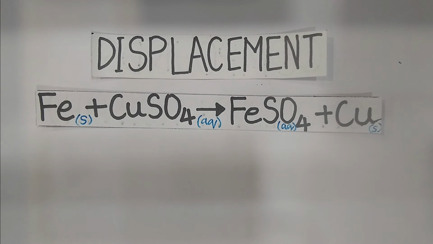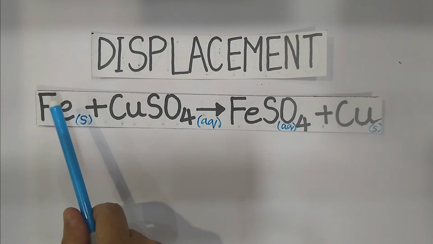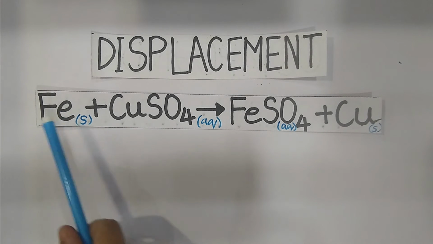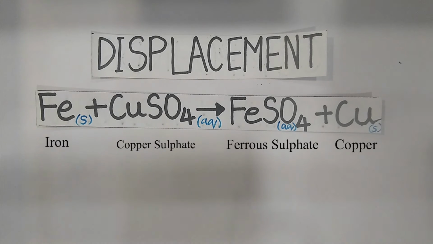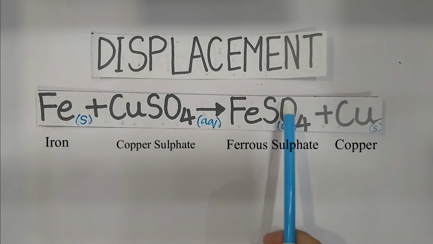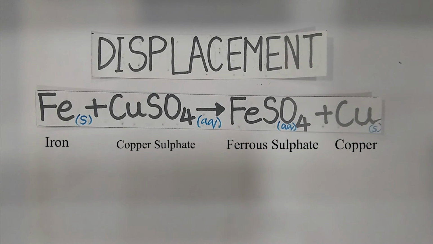So we have our first example where Fe, which is iron, is reacting with CuSO4. CuSO4 is the chemical formula for copper sulfate. Alright? So these two are reacting to give us FeSO4 plus Cu.